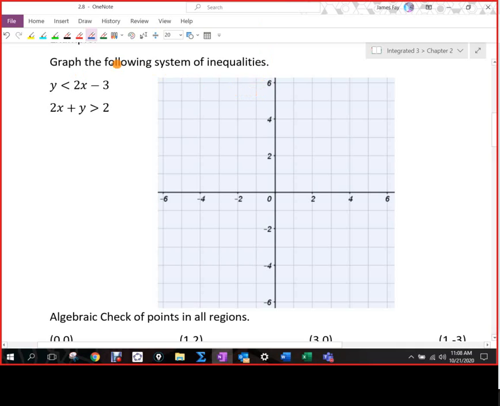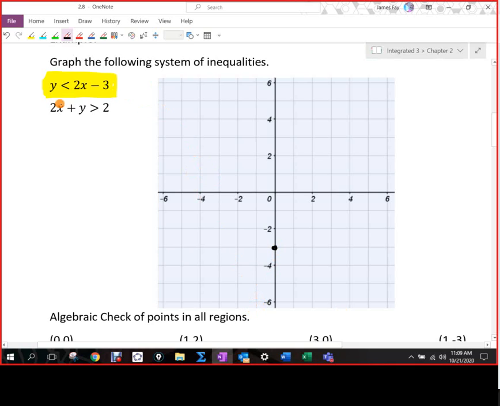So if I want to graph this first one, my y-intercept is what number here? Yep, okay, so then we've got to look at the negative, right? So -3 is my y-intercept. I'm going to go down there and plot that point.